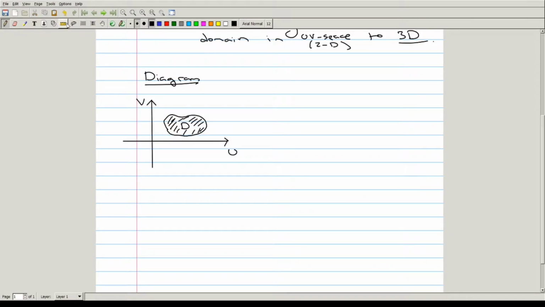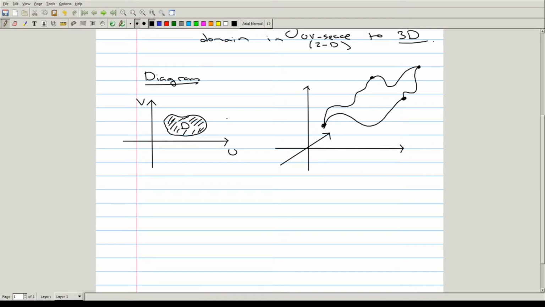The range of this surface mapping is going to be some surface in three-dimensional space, where points on the surface correspond to specific points in UV space.